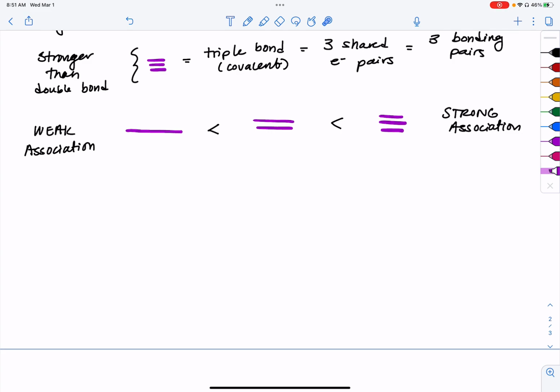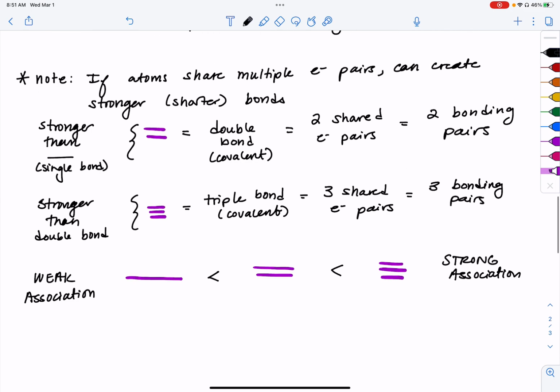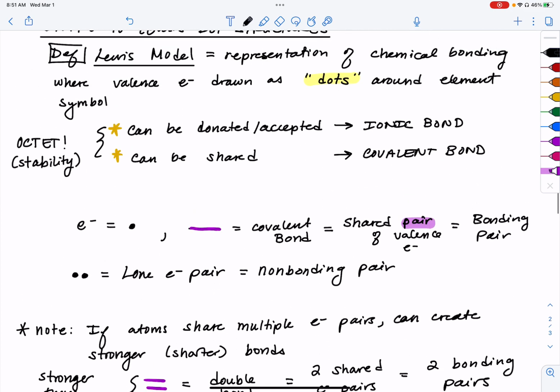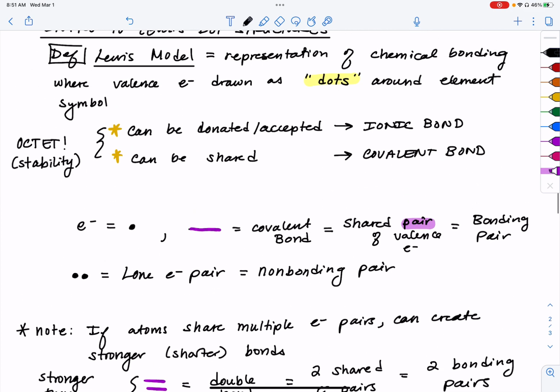Now you will notice I have taken care to draw these in a particular way. Anytime you have more electrons being shared in a covalent bond to form things like double or triple bonds, your atoms are then bound closer to one another. And we're going to describe why this is when we go to the true model of bonding. Lewis is like a nice little shortcut where we can pretend that quantum mechanics doesn't exist.